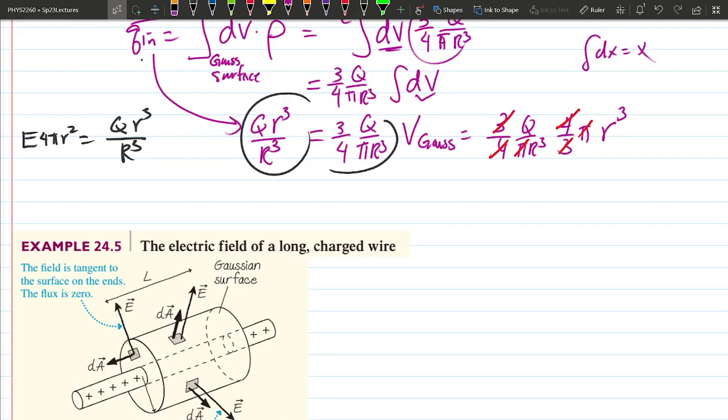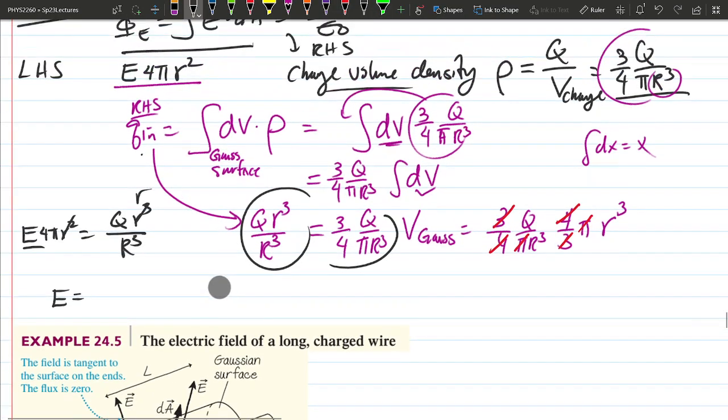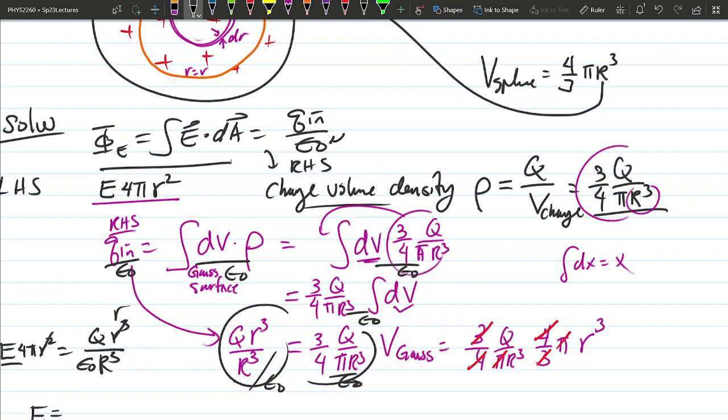Solving this equation for E, this actually cancels out mostly. Of course the right-hand side, you divide this whole thing by epsilon naught, so there's actually an epsilon naught down the bottom. I just forgot about this factor here.